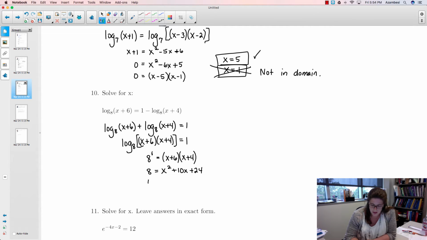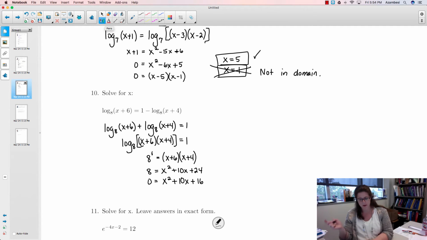Subtracting 8 from both sides, I get 0 equals x squared plus 10x, not 16, x squared plus 10x plus 16. And I'm thinking about things that can multiply together to give me 16, add together to give me 10, gives me 8 and 2. So 0 is equal to x plus 8 and x plus 2.